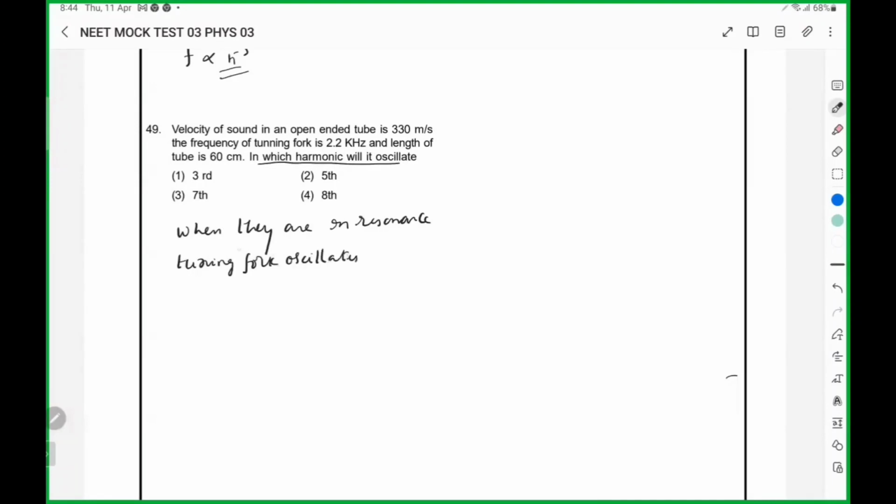Here one is the tuning fork, the other is the frequency of the air column in the open tube.